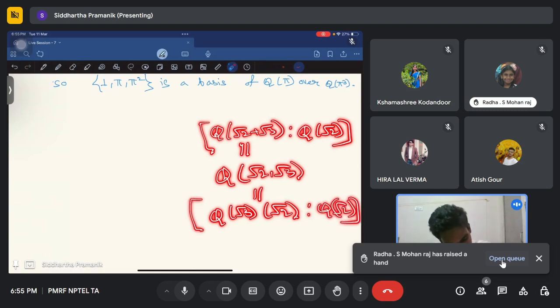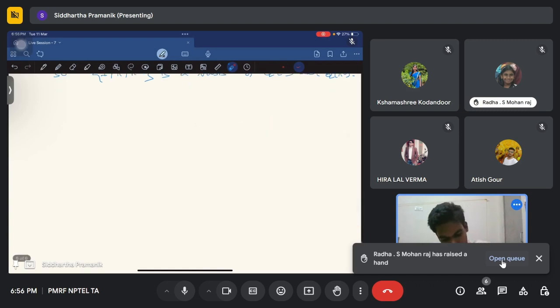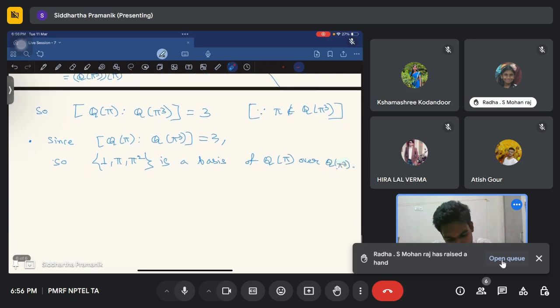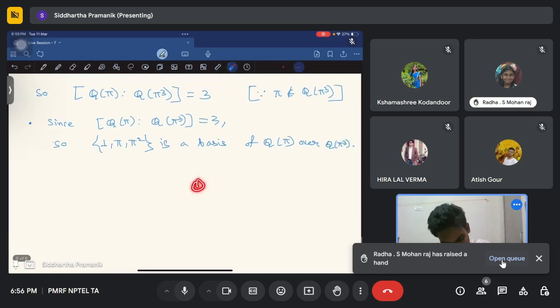Okay, the other way: √2 here and √3 here. So you just need to find the degree of √3 over Q(√2). So you understood? So this is Q(√3), Q(√2) attached with √3.